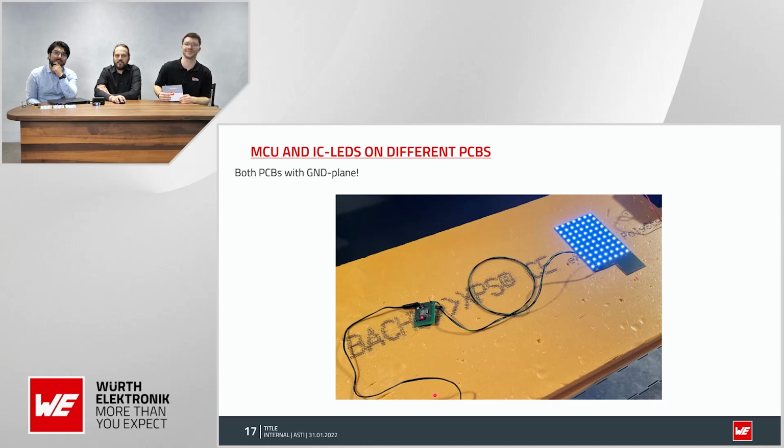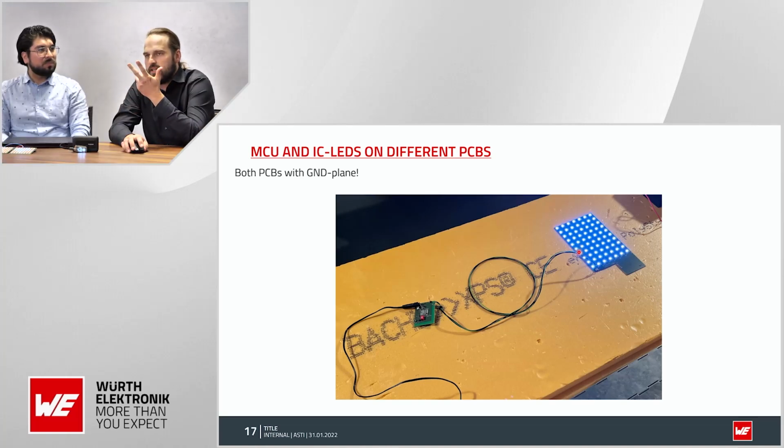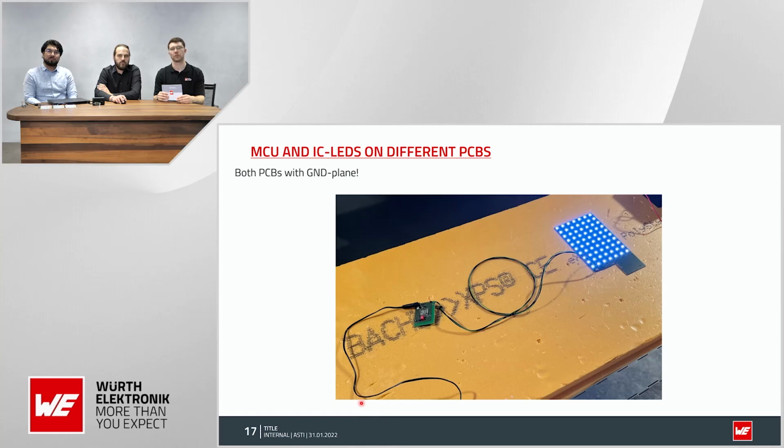So we placed it here, and then we are using a cable, having the signal line, VCC line and ground line together in one cable, and connecting this MCU PCB to our LED panel. So this is exactly what happens when you have a far distant MCU with 1 or 2 meter cables, and then you have your LED string, more or less the same as you can see on this setup. And of course this is not preferable.